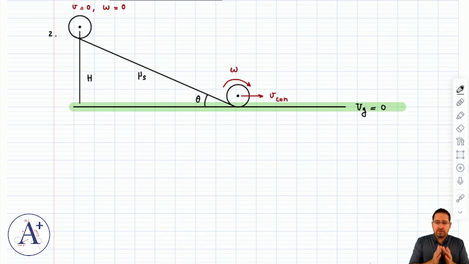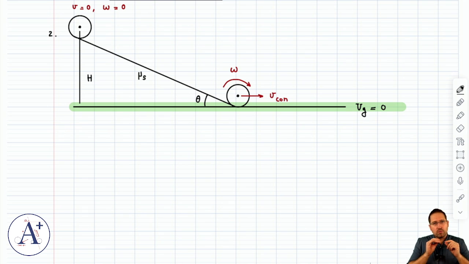However, if you have a sphere or a cylinder or an object that can roll without slipping down the incline, then it is not kinetic friction that's involved, it's static friction. And that is very different because static friction does not cause any energy to be lost. There's actually no rubbing of the two surfaces creating heat. Okay?